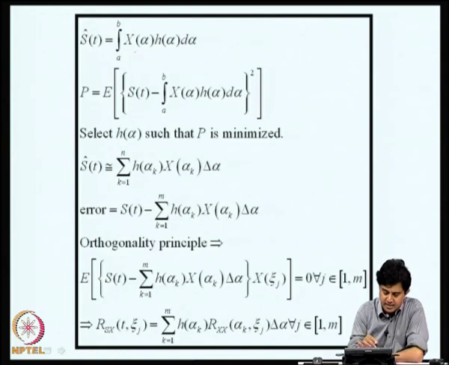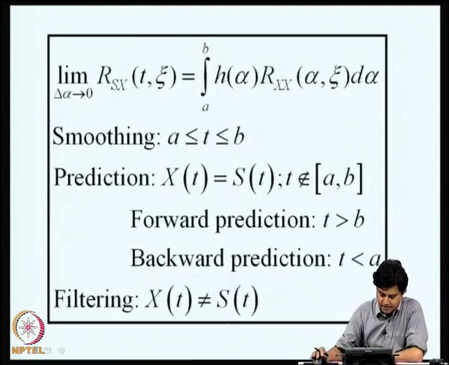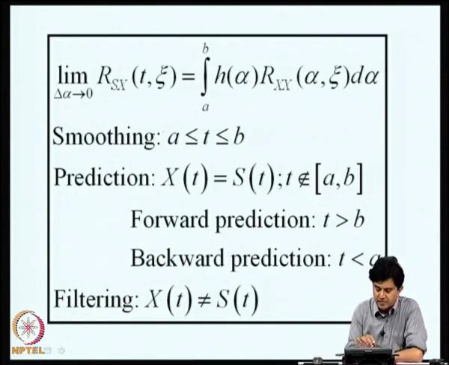Now if we discretize this integral as a summation like a Riemann sum, we have the solution already with us for that, and on that we can take the limits. If we do that, we get the equation for h of alpha k, which is given here, and then if we take the limit of delta alpha going to 0, we get this integral equation where h of alpha is buried here.